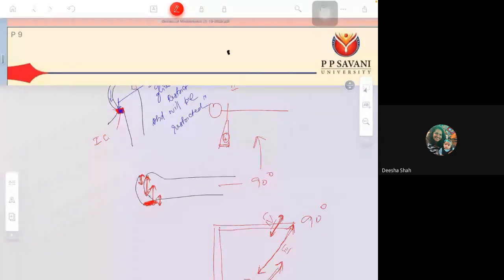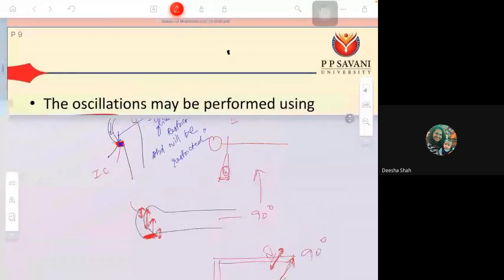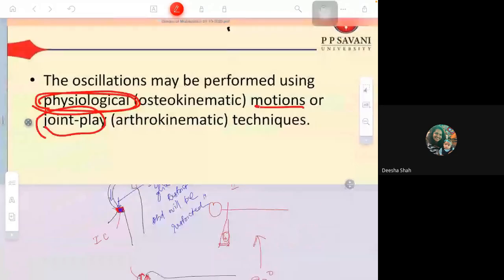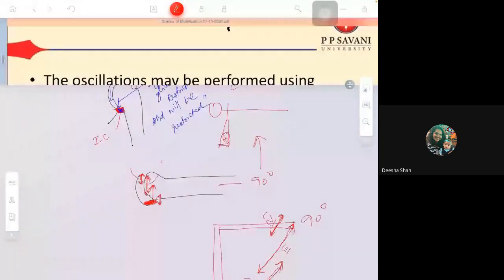If you oscillate or glide the joint in the beginning of range, it is a grade 1 technique. Now this is the second technique, the joint play technique. And this is grade 2, this is grade 3 and this is grade 4. I think you are clear.